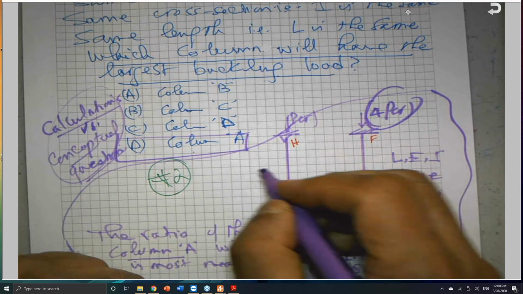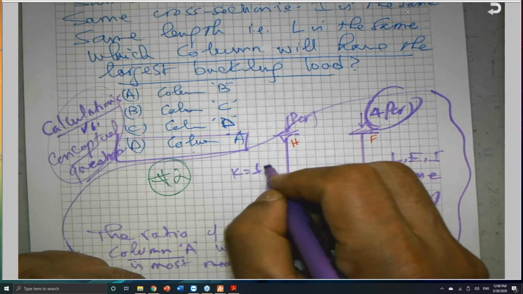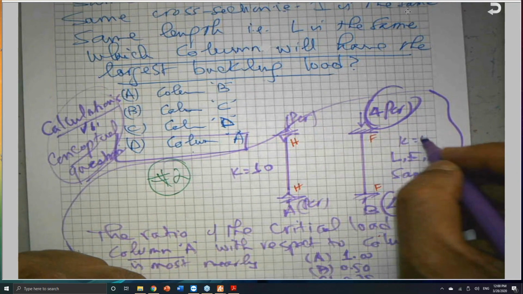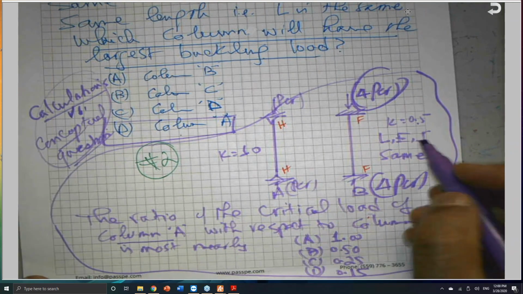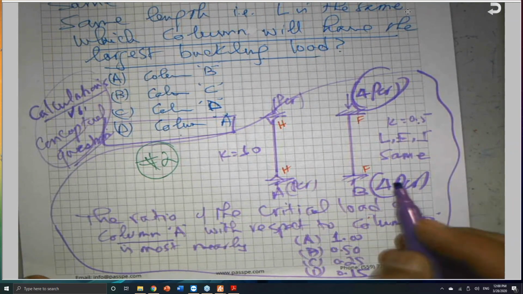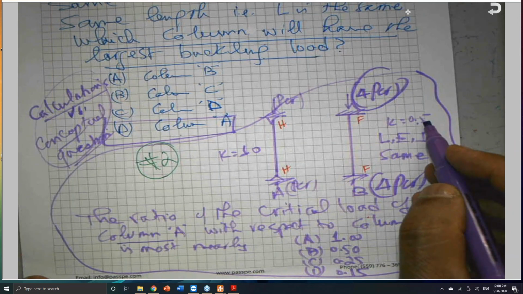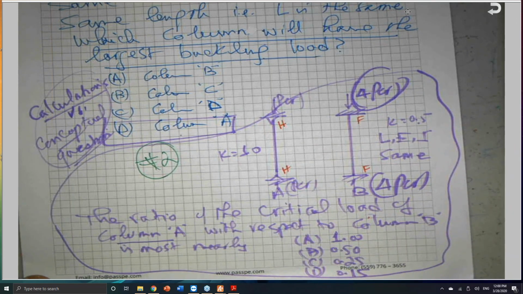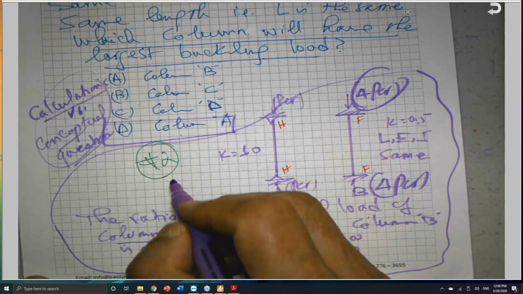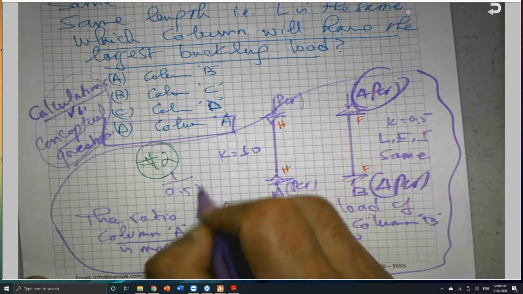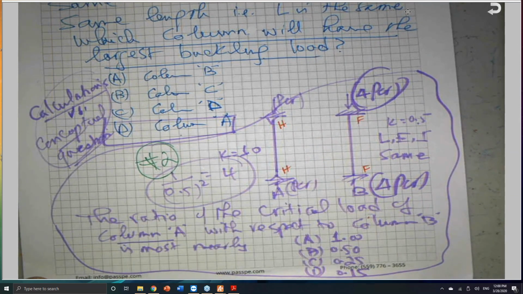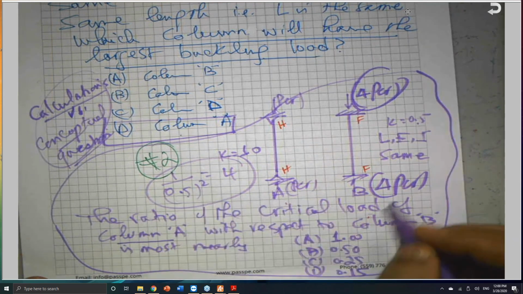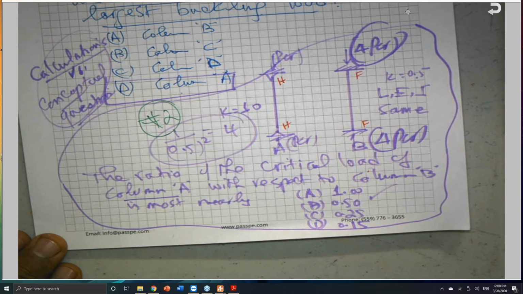Again, the value of K: K here is 1, and K here is 0.5. But since we square it, it is 1 over 0.5 squared, which is 1 over 0.25, which will give you 4. Don't forget the square. That is why I put a half here, to confuse you. It is a quarter.